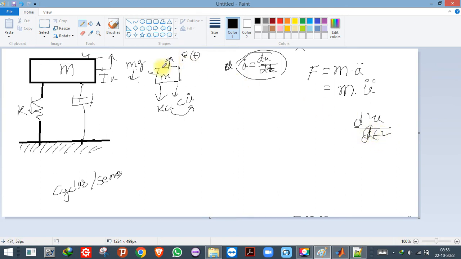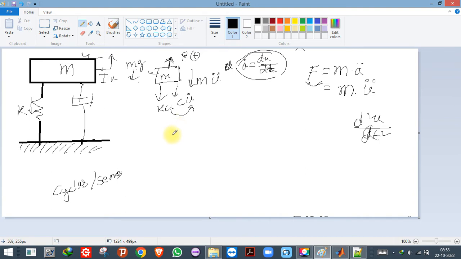Avoid my writing. If you check any general book, you will get these derivations. That's why I am not going deep into it. I am just explaining the concept. So we are pulling it on this side, so this force will act opposite to the motion of the body, which is nothing but m u double dot.